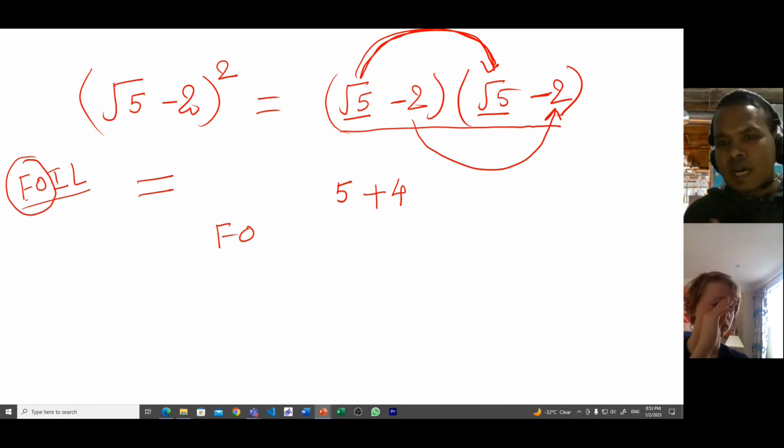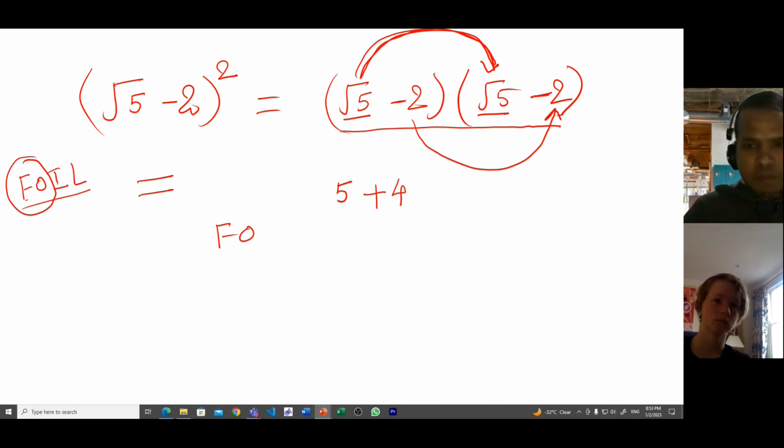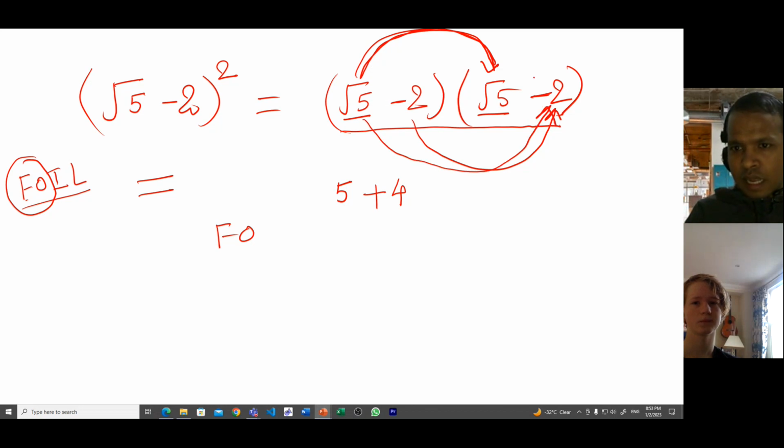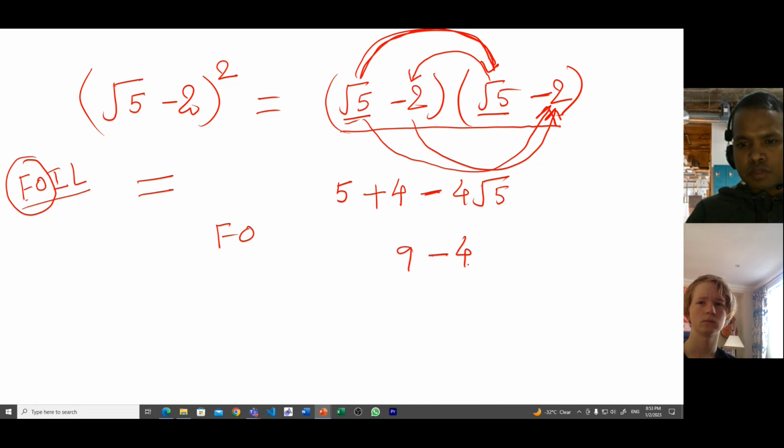Now inside, last: we multiply square root of 5 with minus 2, and again the other inside one, square root of 5 with minus 2. We are getting minus 4 square root 5. It means 9 minus 4 square root 5.